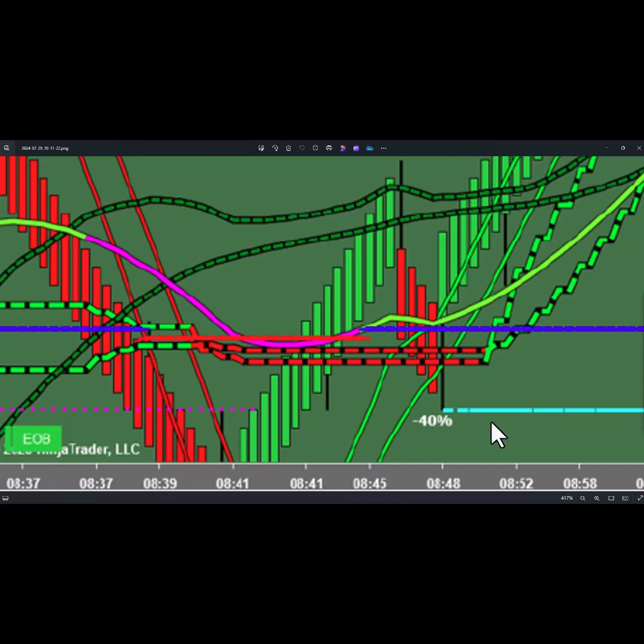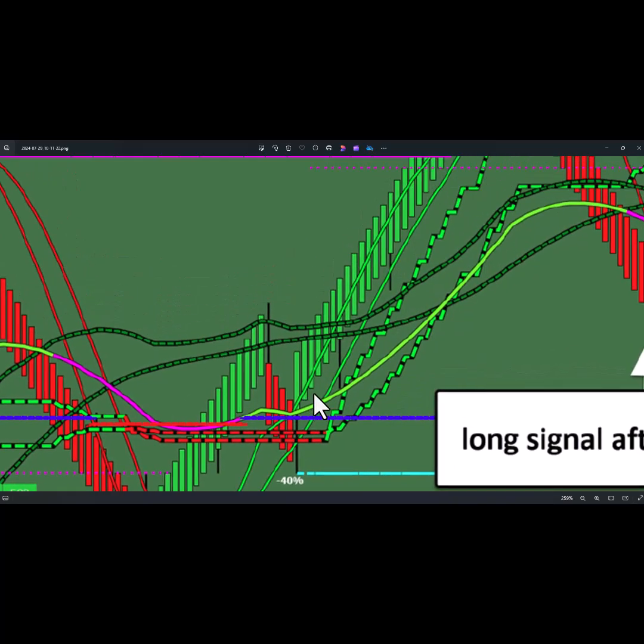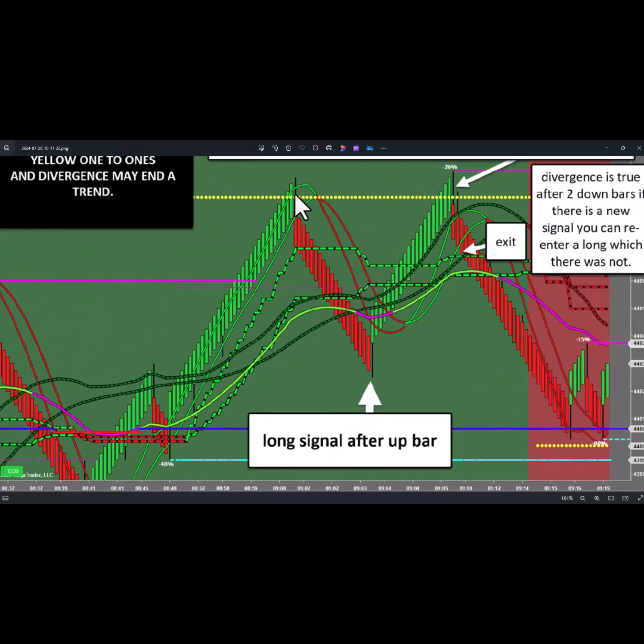You guys see that? This is what we call continuation style, but it's basically if you go long here and you get slaughtered, which you might, which is fine, even if you took a loser, it's okay. As long as you don't give up on it and you're able to take the second one, you're going to end up feeling pretty good about it.